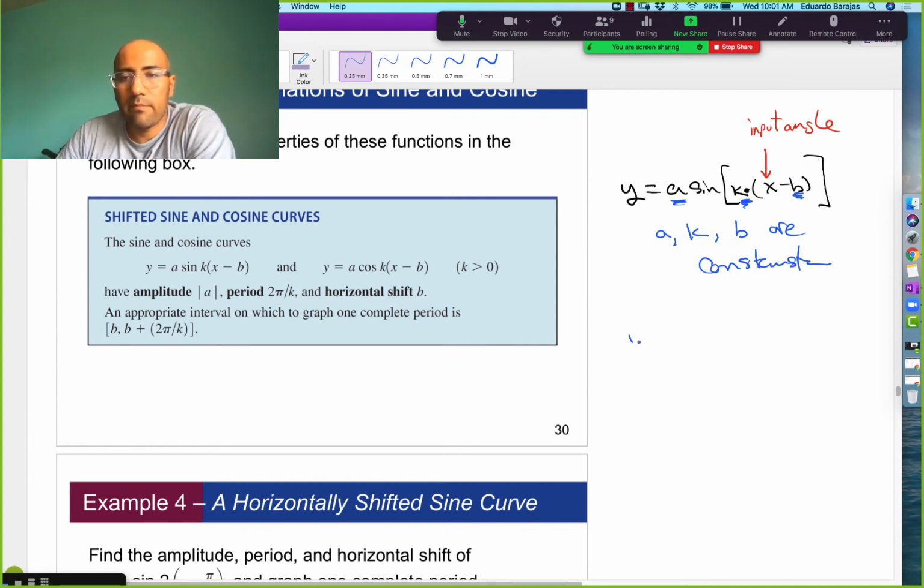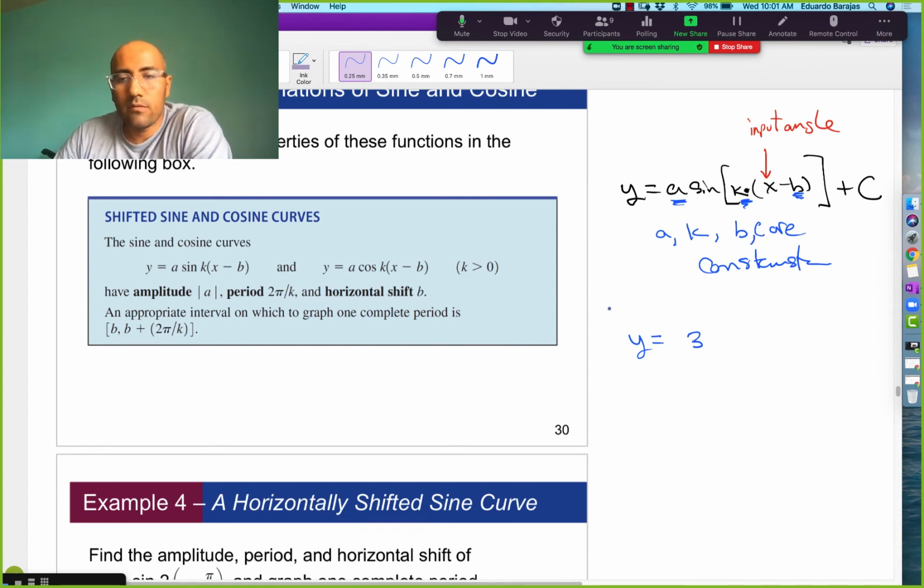So for example, it might be y equals 3. Hey, how come they don't have a plus thing here? We're missing one more variable that we can add on to it. There's probably another table somewhere that includes the other constant out here. Let's call it c. A, k, b, and c are constants.